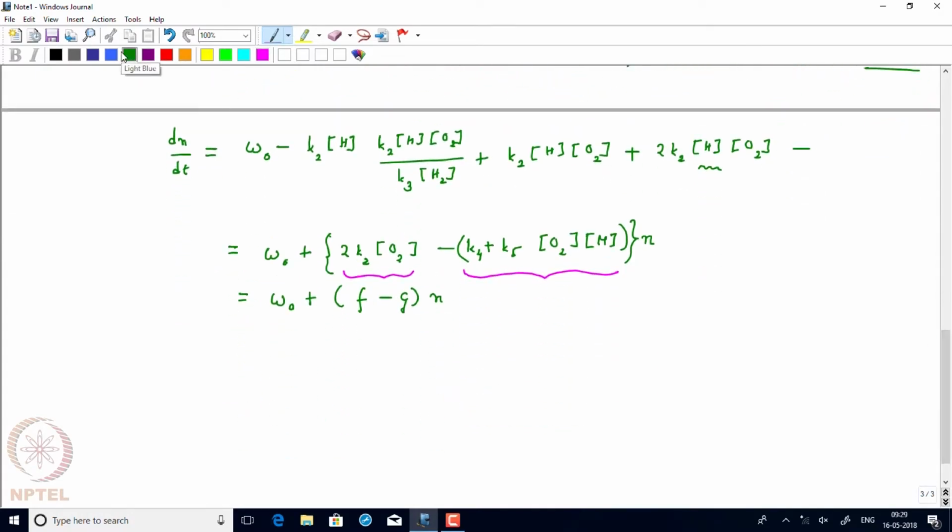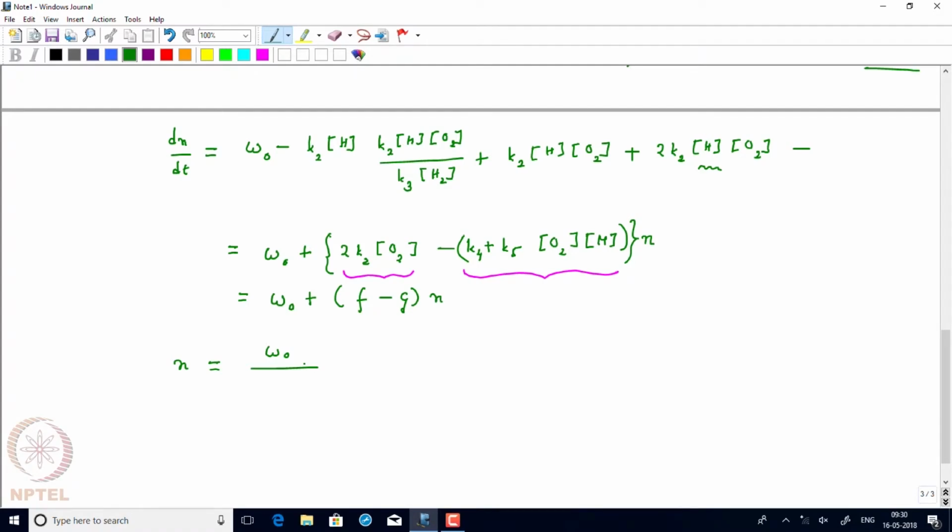Now what will happen? If I want to solve the equation for n, how will it look? As you can see, this is just a differential equation, so you have to move the dt to the other side, and then you put some initial concentration, but we are saying that at time 0 the n was 0, and that way you can solve it.